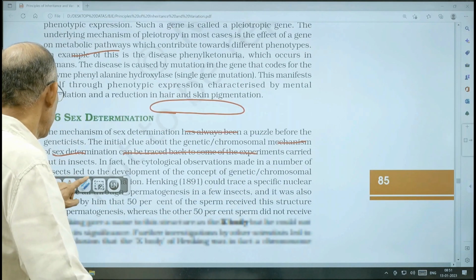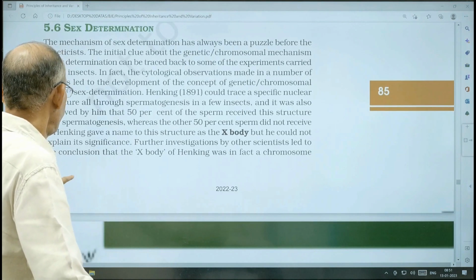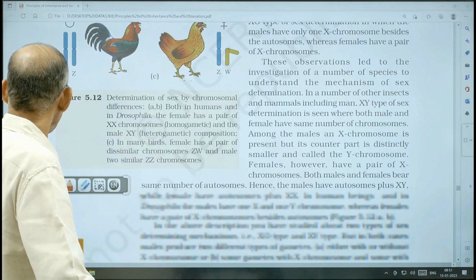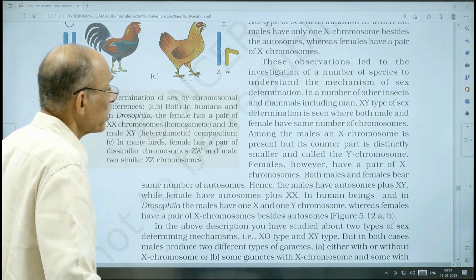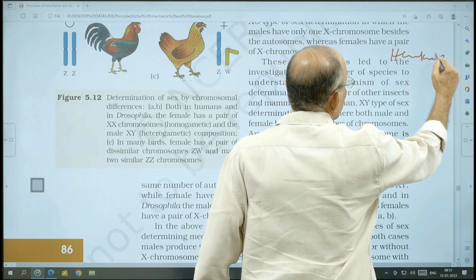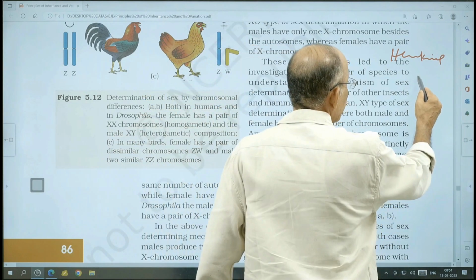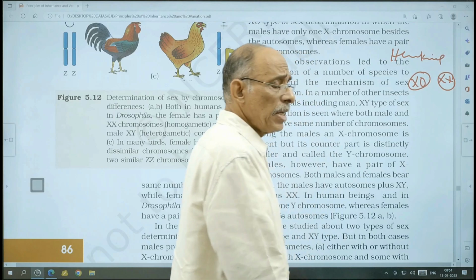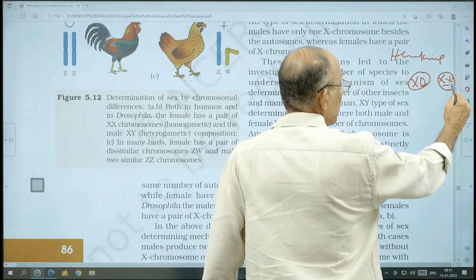Next is sex determination. Henking first noted that there is a difference in chromosome number between male and female in some insects, and found that males are XO and females are XX. The males lack one chromosome, that is why it is written as 0, whereas females have two such structures.